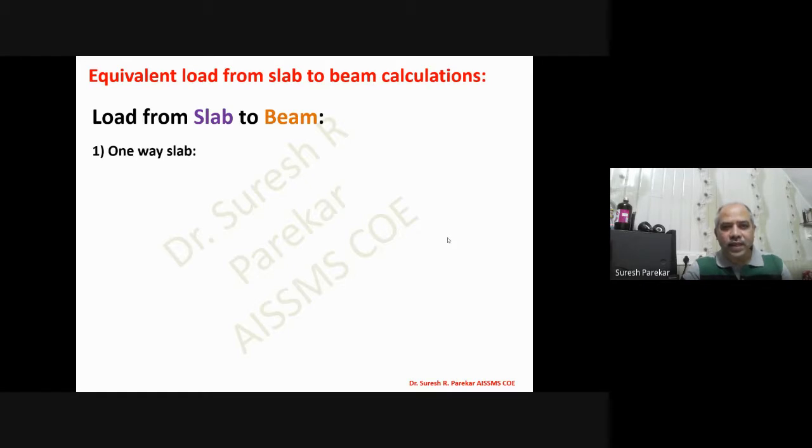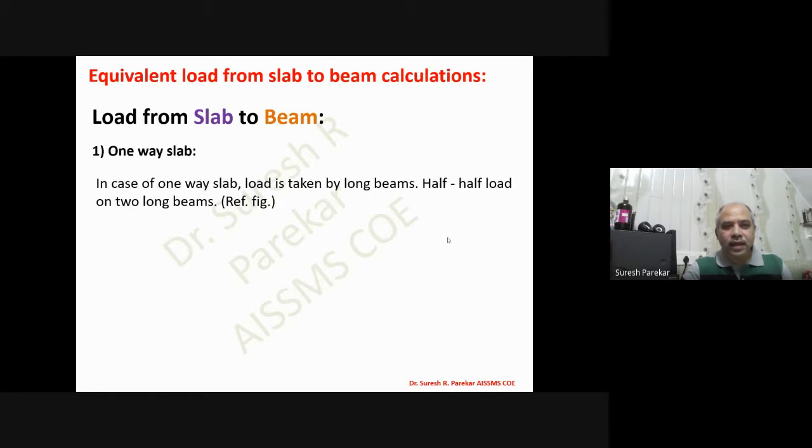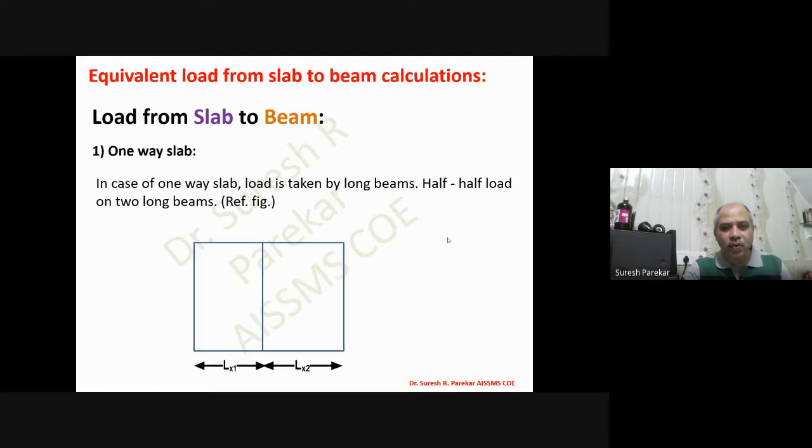So we have a one-way slab. In case of a one-way slab, load is taken by long beams only. Half load on two long beams. Slab load is not transferred to the short beam, it is always transferred to the long beam.